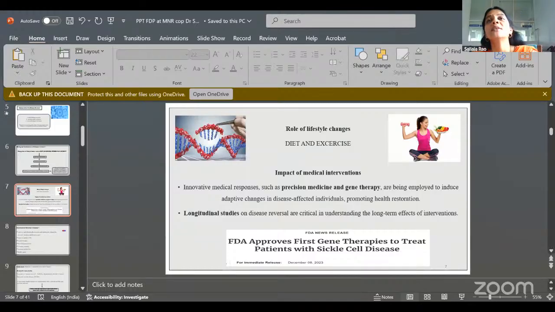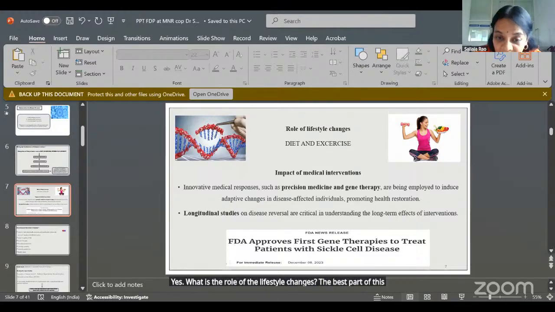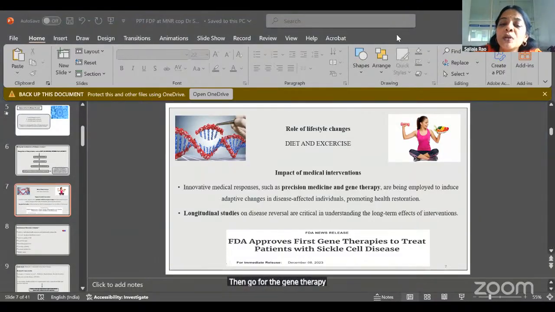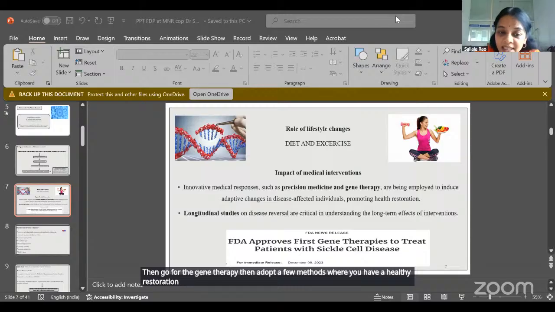What is the role of lifestyle changes? The best part of this is going to be the diet and the exercise. And what are the medical interventions about? The medical interventions, like precision medicine, gene therapy, and a few methods where you have a healthy restoration away from the disease attack.